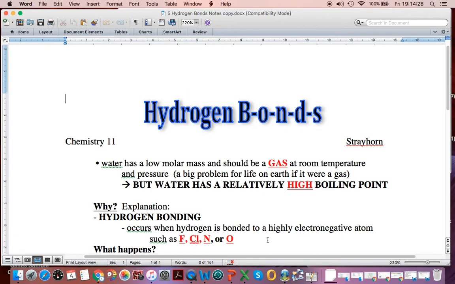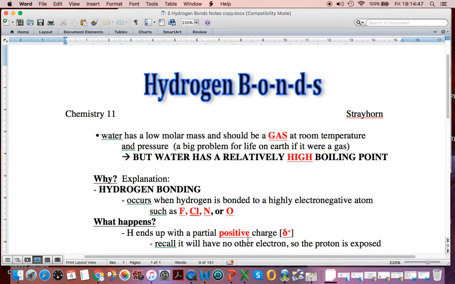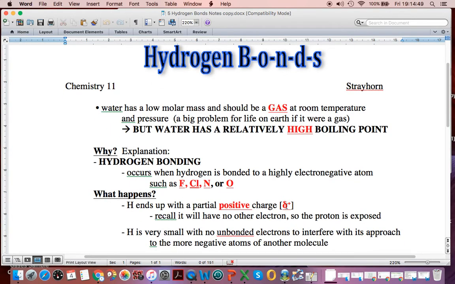The electronegativity difference is so great that that other atom pulls the electrons away from the hydrogen atom. And what's special about hydrogen is it will only have one electron. So if that electron gets pulled away, what's left? The proton. So we end up with a fairly strong partial positive charge, and there's our delta positive.